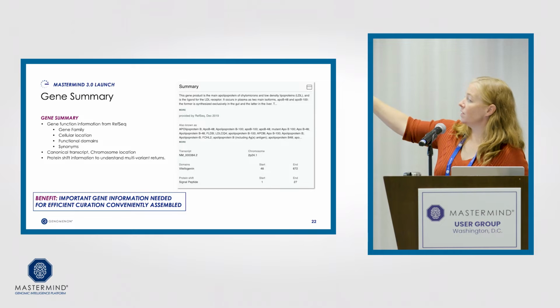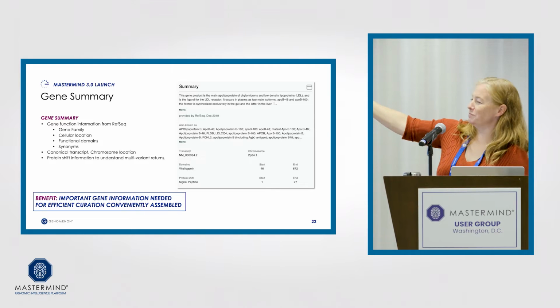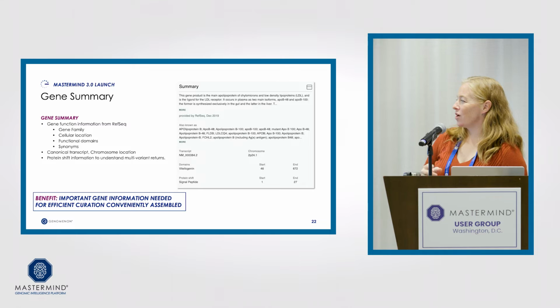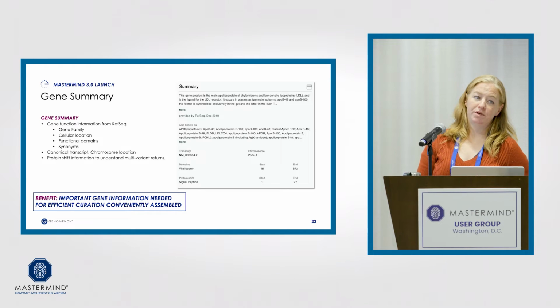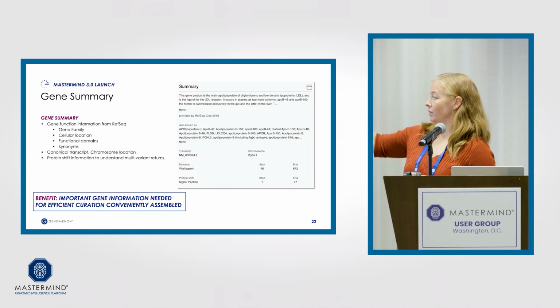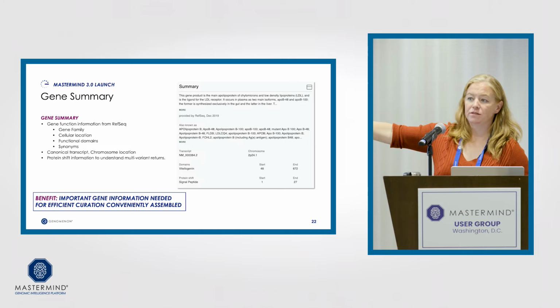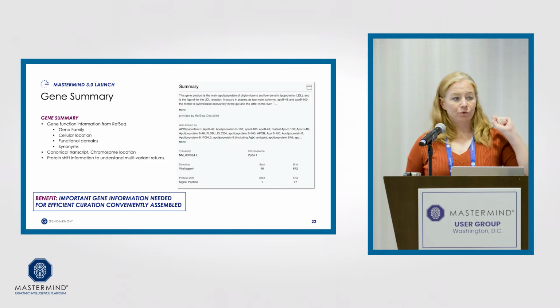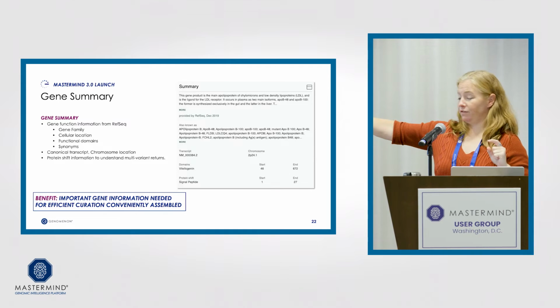We're seeing all the synonyms. You can see how many there get to be for some of these. Canonical transcripts, chromosome location, as well as protein shift information. In that way, when you are searching a variant, I picked one that had a signal peptide shift known to be associated with it. Not only will you get the variant, you'll get articles that might match that shift.